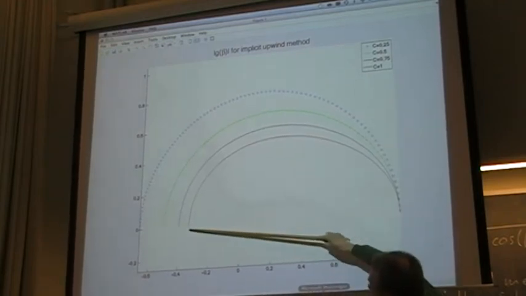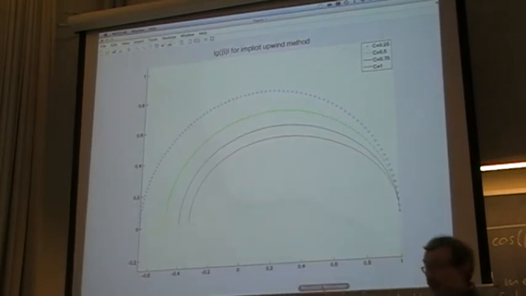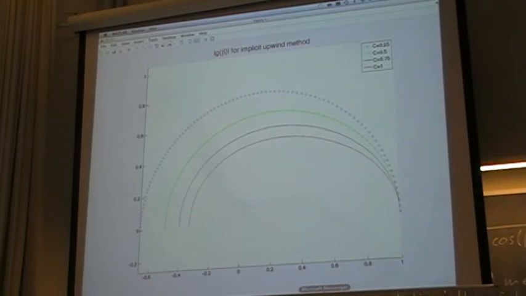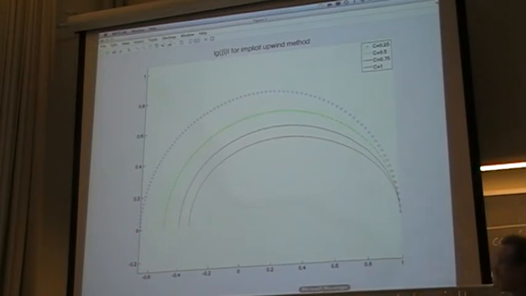So here we get something 0.3, 0.4 or something, but we definitely do not get 1. So the distance from the origin here should be 1, but we don't get that. So we get a damping. And this is wrong. So then we cannot expect good results with this method.